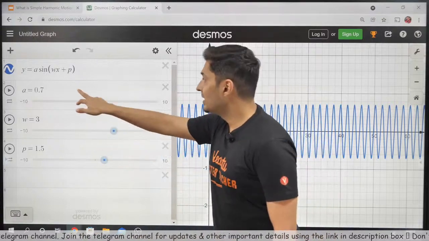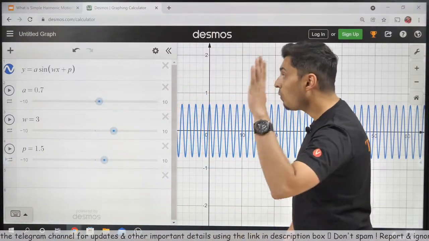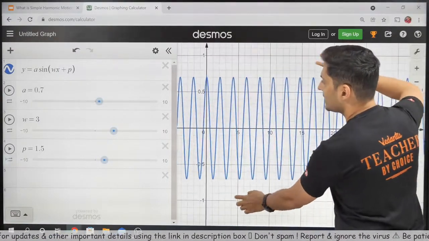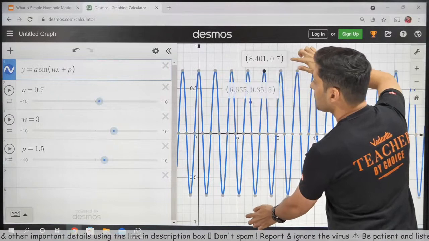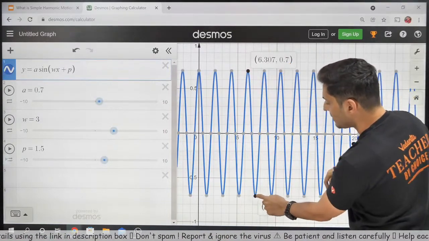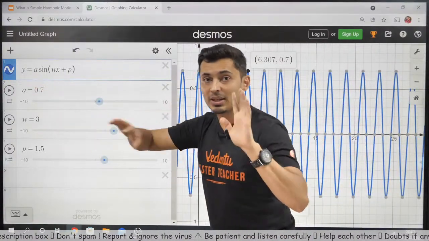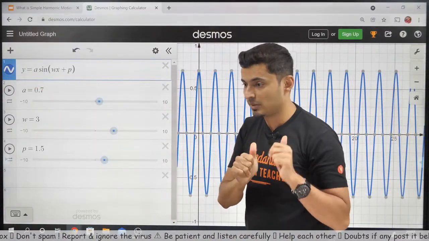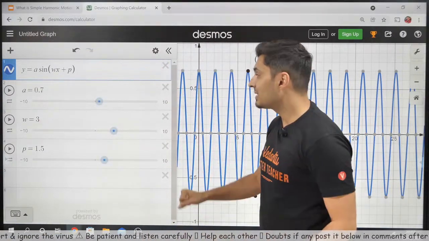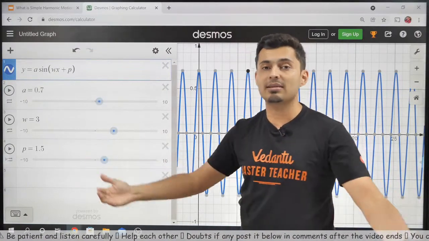Now if these are the parameters, let's expand this. Look at this. The maximum value is 0.7 and the least value is minus 0.7. So what is the amplitude? The amplitude is 0.7. Number 1. Number 2, this omega is 3.